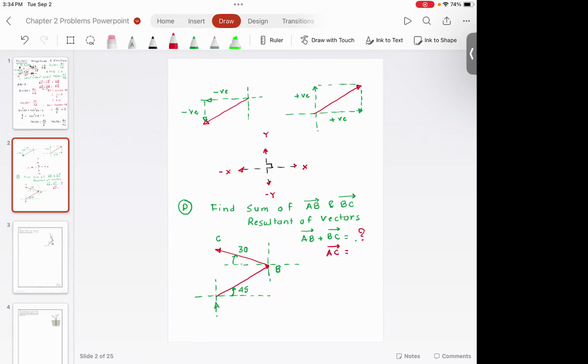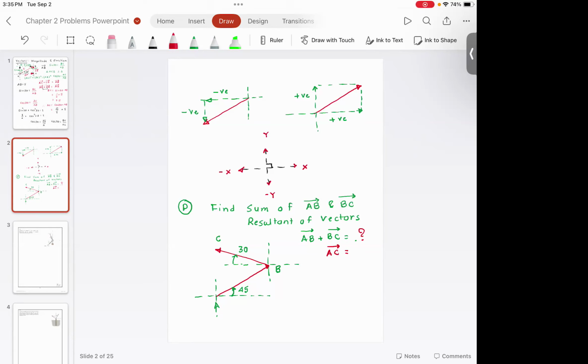Are you with me? Now remember, dollars to dollars, pesos to pesos. These two vectors are not parallel. These two vectors are not perpendicular. So in order to sum these two vectors together, we need to use a consistent coordinate system.